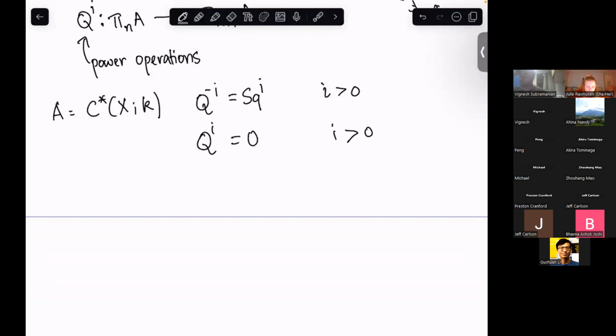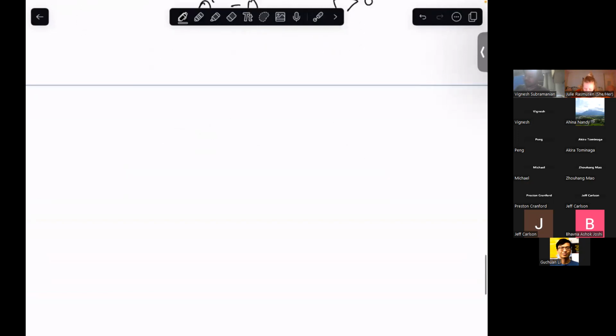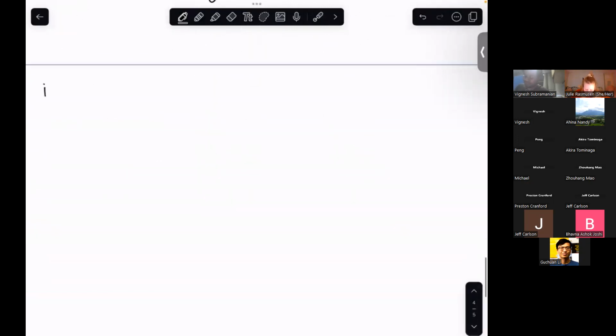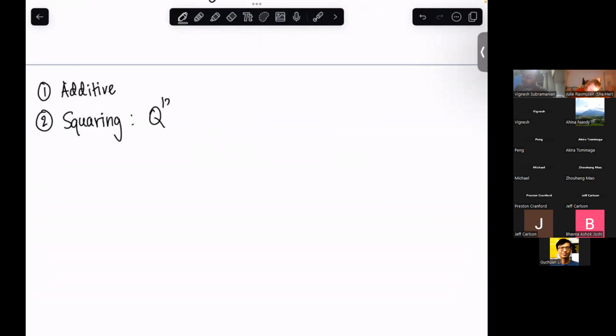So what are the properties that this Q^i satisfies? The first thing is that it's additive. The second thing is that it satisfies what is called a squaring relation. That is, if you take a class x in degree n, it's going to be x squared.